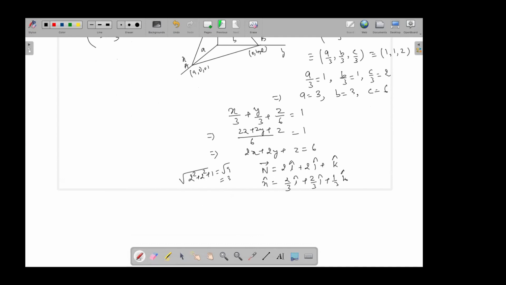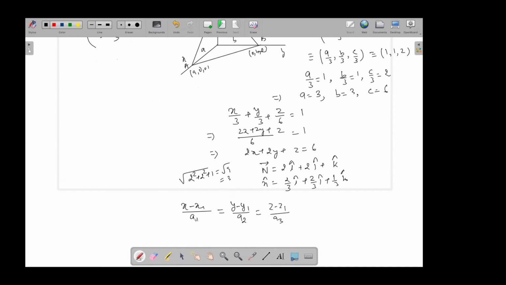We know that the equation of the line passing through a given point x1, y1, z1 and having direction ratios a1, a2, a3 is x minus x1 upon a1 equals y minus y1 upon a2 equals z minus z1 upon a3.